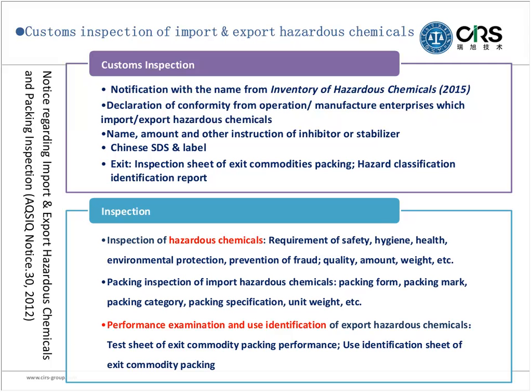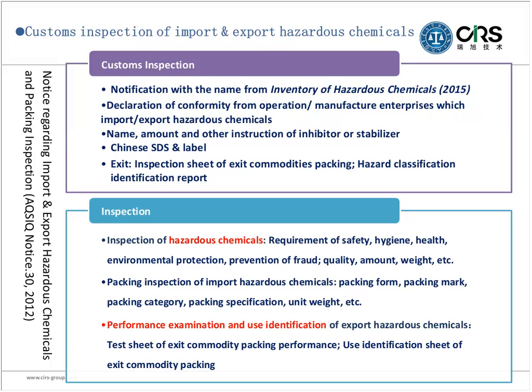They will focus on your Chinese SDS and label. For example, if your Chinese SDS label doesn't have a Chinese product name, they will regard your SDS as not qualified, and they will hold your products at customs and ask you to update your SDS and label.